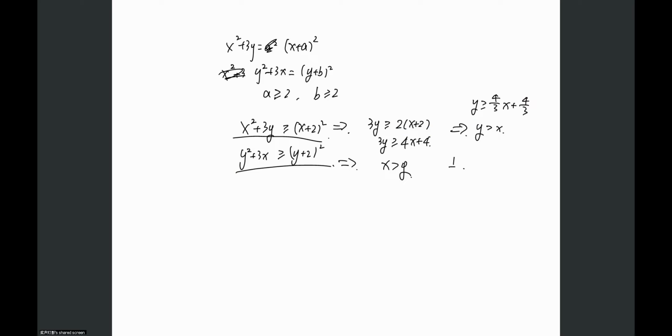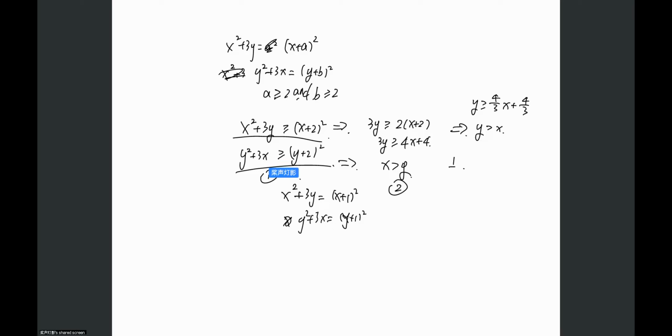We reduce the range, and the only possible cases are: x squared plus 3y equals x plus 1 squared and y squared plus 3x equals y plus 1 squared. This is the first case.